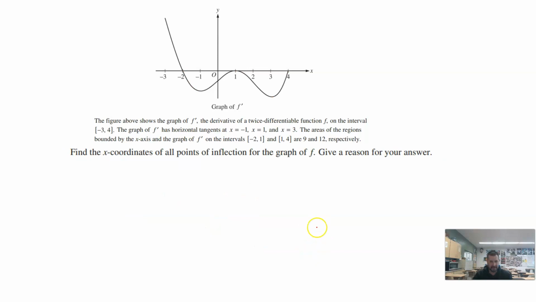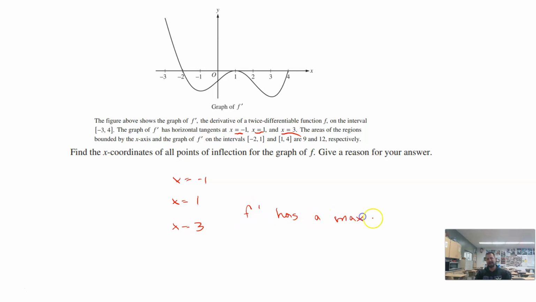Okay. The third one, find all x-coordinates of the points of inflection. Of all of the AP test questions I've seen, they actually give you the answer to this problem in the explanation. At x equals -1, at x equals +1, and x equals 3, that's where f prime has a max or a min.